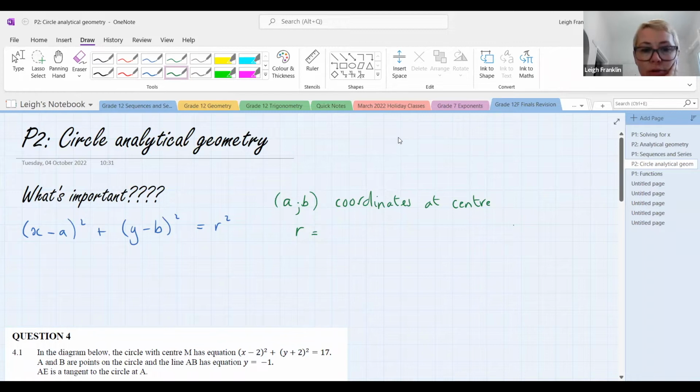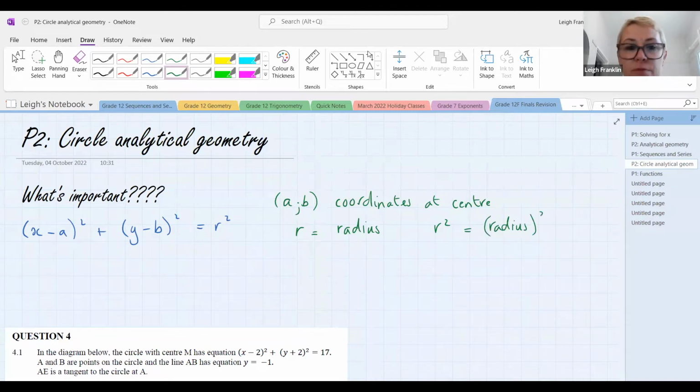Cool. Diana, Fahim, Kanisa, good stuff. That is the radius. So r squared is the length of the radius multiplied by itself, the radius squared. Good job, everybody. That is the first thing that we need to talk about.